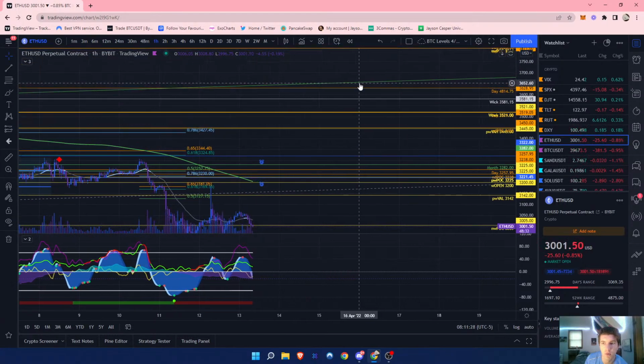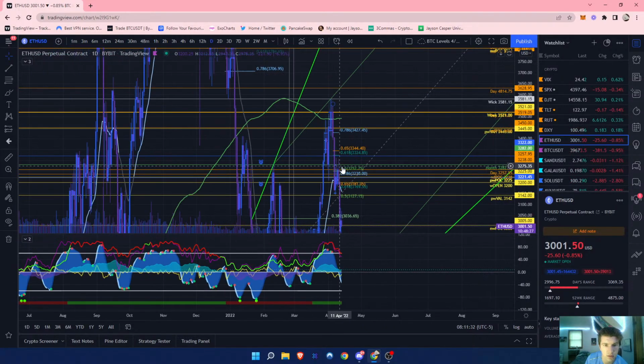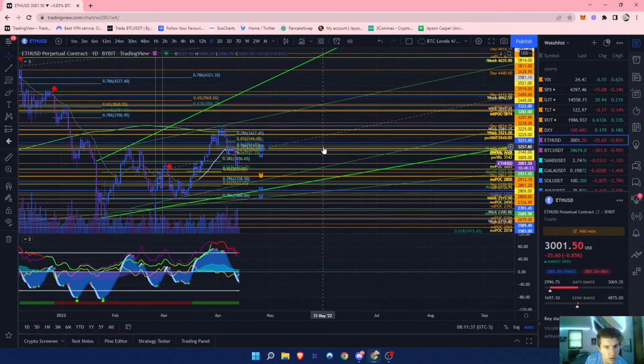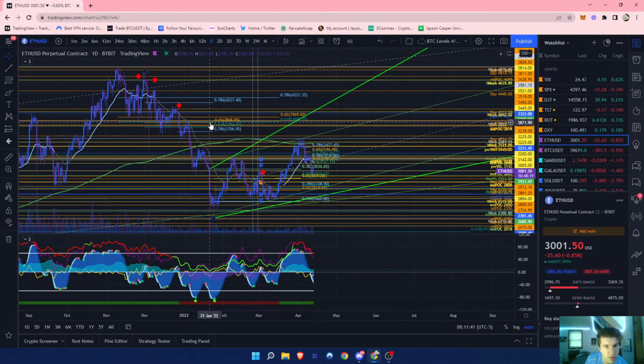And then really way up here too. So around, let me zoom out a little bit. What is this golden pocket from? Okay.